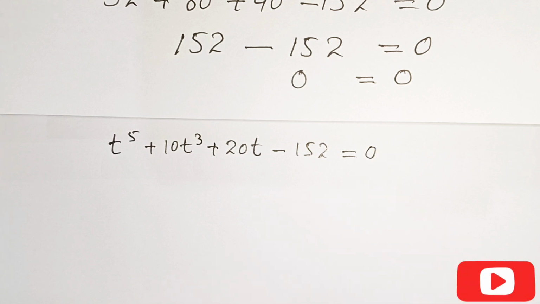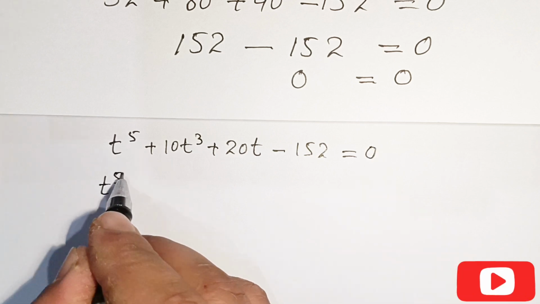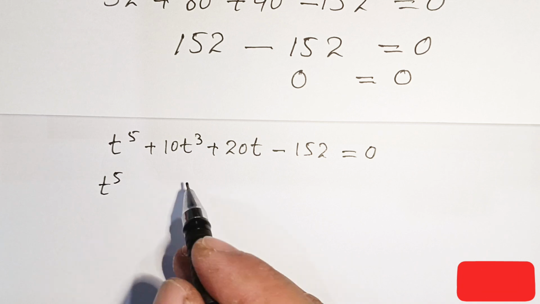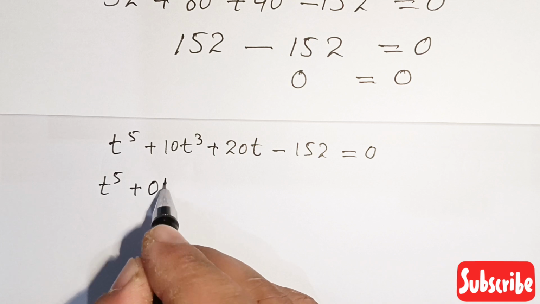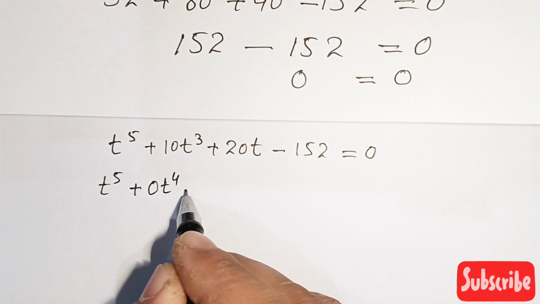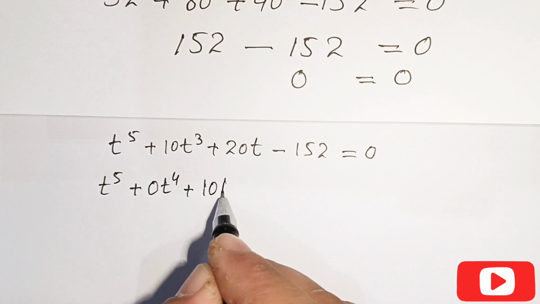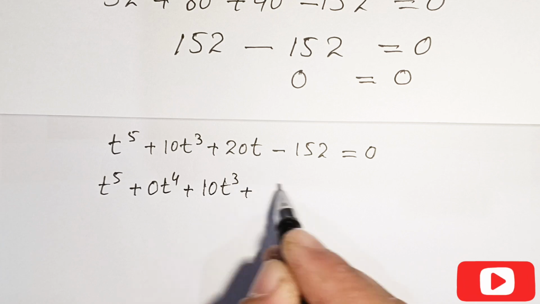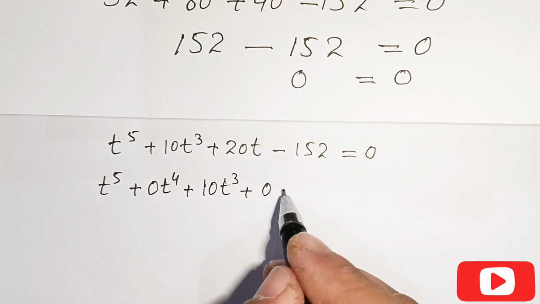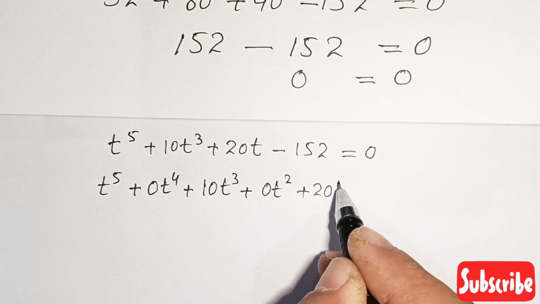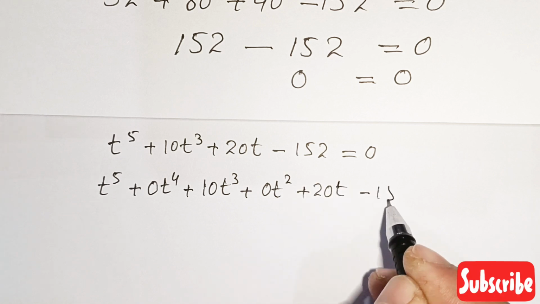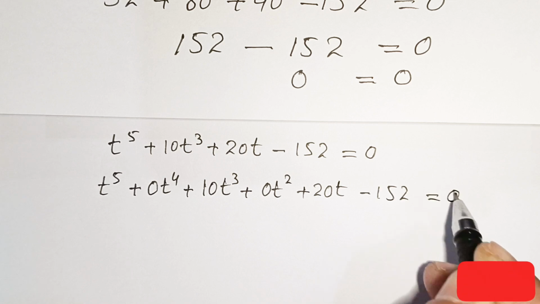So if we write t to the power 5, then according to descending order, here we have t to the power 4 missing, so we write 0t to the power 4, plus 10t cubed, and t squared is also missing, so we write 0t squared, plus 20t minus 152 is equal to 0.